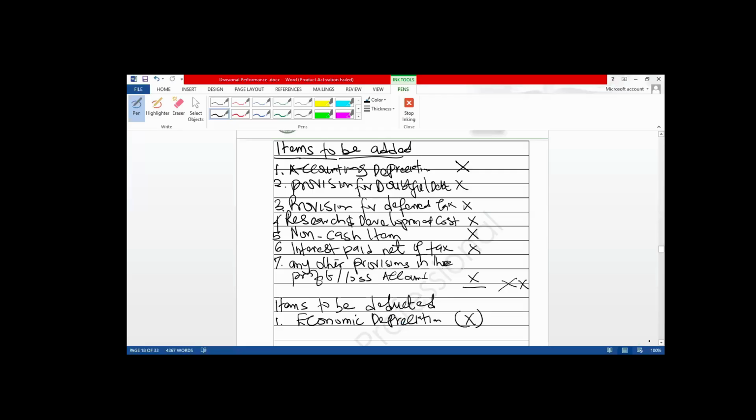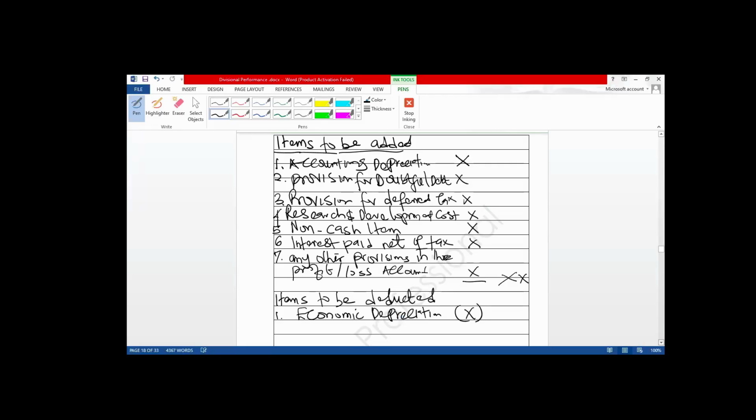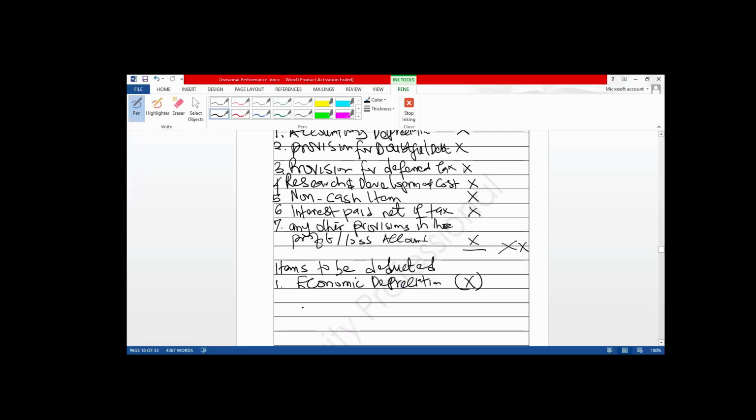Deduct. Two, amortization of development costs. Deduct. These two items will be deducted.